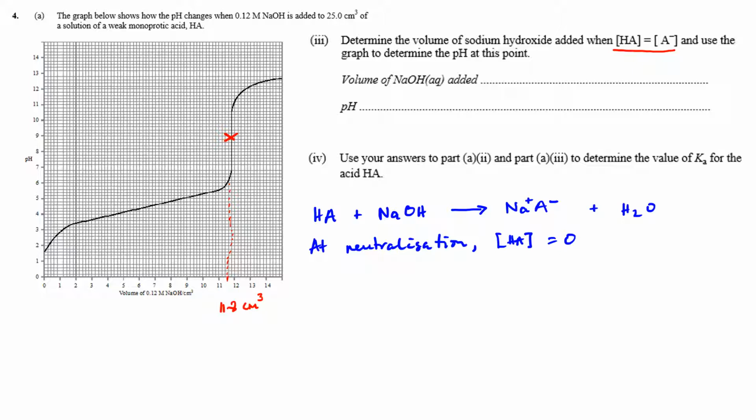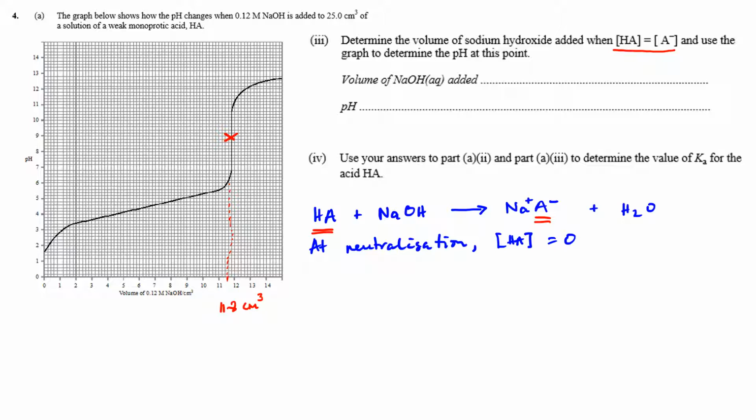What we're talking about is when our concentration of HA is not 0, it's actually equivalent to the concentration of A minus. So we're talking about the concentration of this being equivalent to the concentration of this. And I think you can see that that is halfway through the reaction.